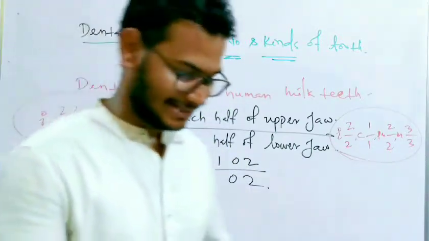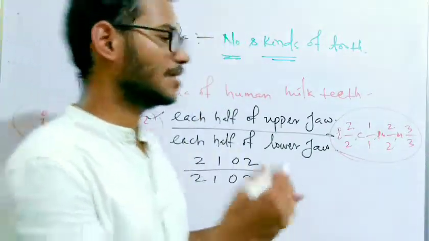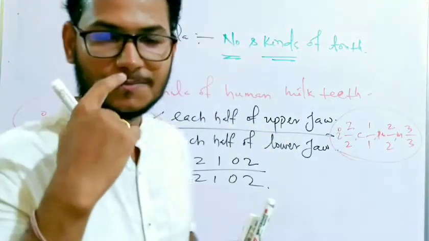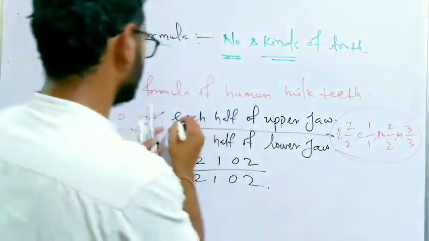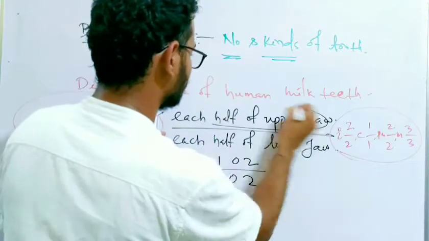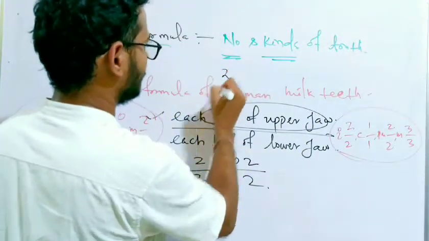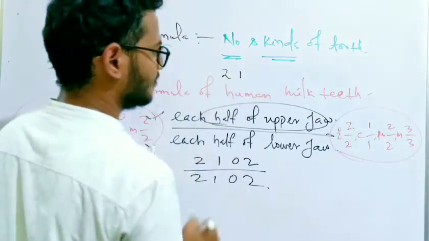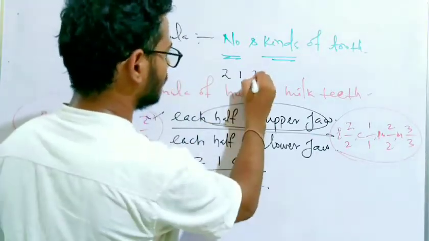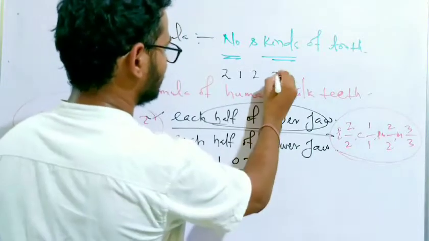So how to remember this? We have two incisors in half of the upper jaw. So in half of the upper jaw, what is the set of the teeth? I have two incisors, one canine, 2 premolars and 3 molars.